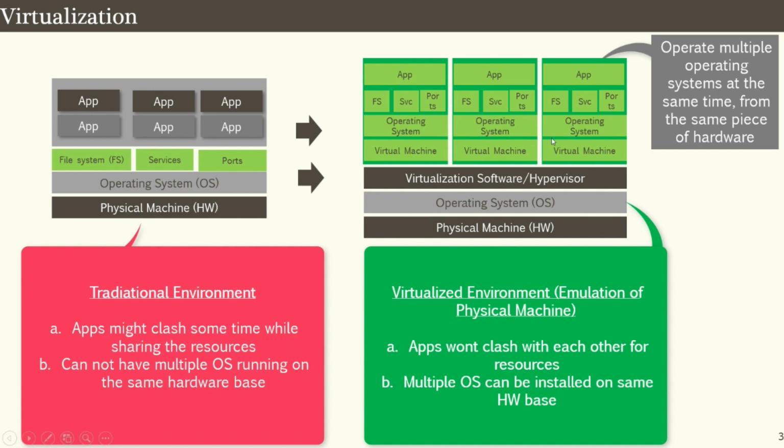You can have multiple OS installed on the same hardware base. You can have multiple operating systems at the same time from the same piece of underlying hardware. You have an operating system here, and this will differ from the operating system in each and every virtual machine.